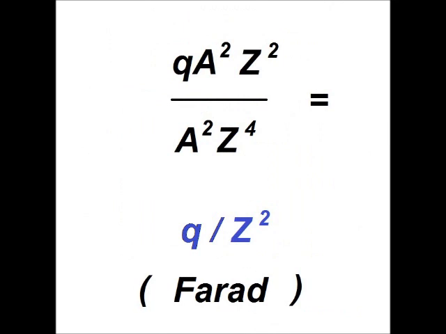And so qa squared z squared divided by two dimensions, which is area, or a squared z to the fourth, gives us electricity moving in one dimension, or moving along the segment of the cube. And that form of electricity is the farad, Q over Z squared.